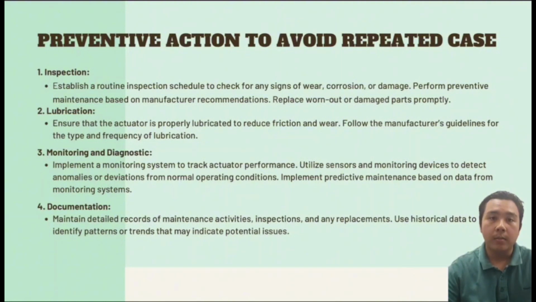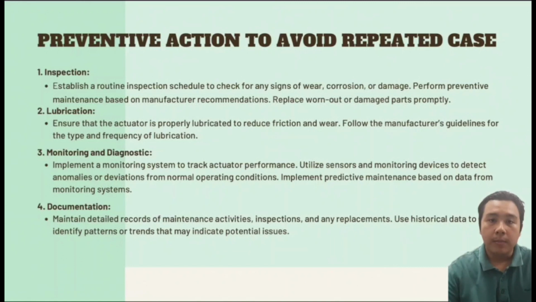Third, monitoring and diagnostic. Implement a monitoring system to track actuator performance. Utilize sensor and monitoring device to detect anomaly or deviation from normal operation condition.